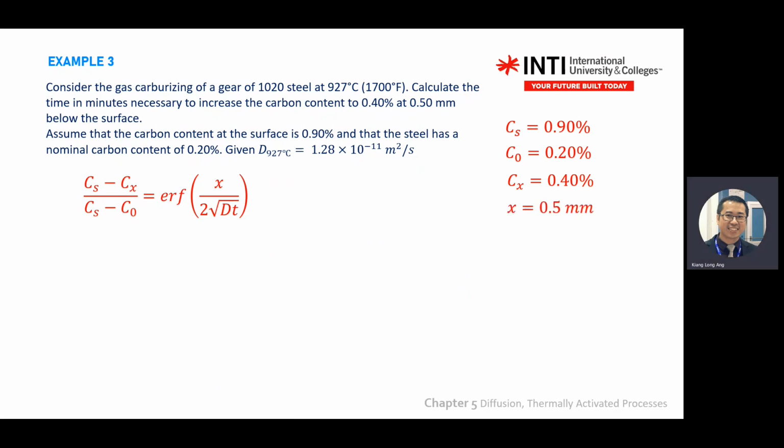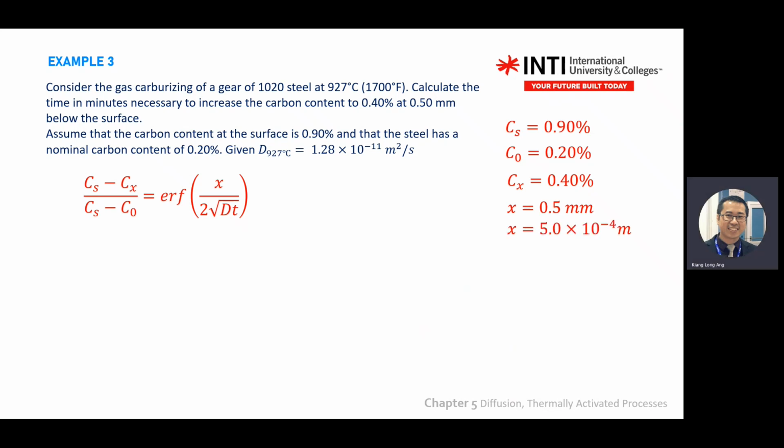The distance that we are looking at is 0.5 mm. And then the D value is also given. So you have this, this, this, and this. You have the x, you have the D. You are missing the time, right?